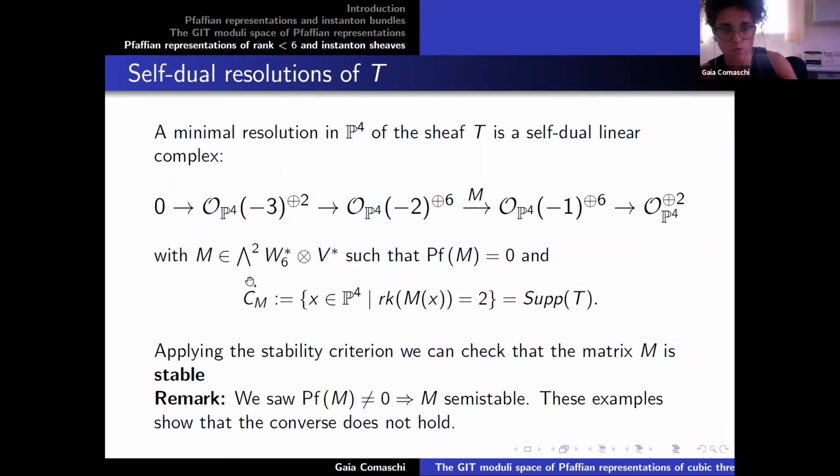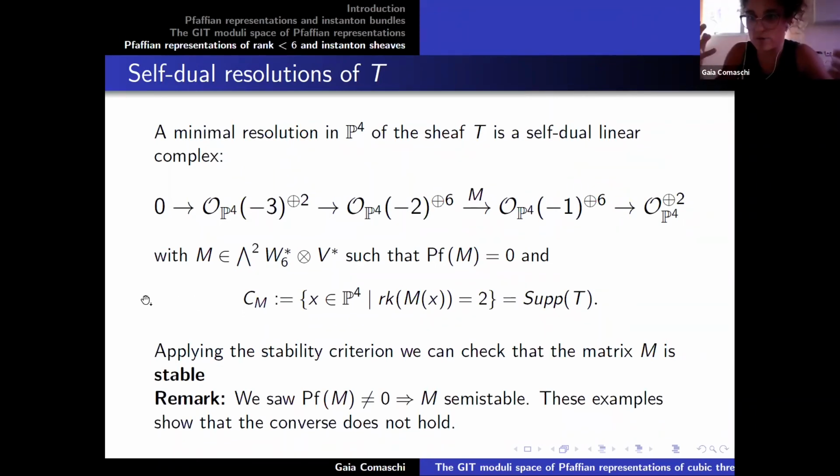So we get other families of skew-symmetric matrices of linear forms: when we study the boundary of the moduli space of instantons, we produce other skew-symmetric matrices. So let's try to check if they are stable.